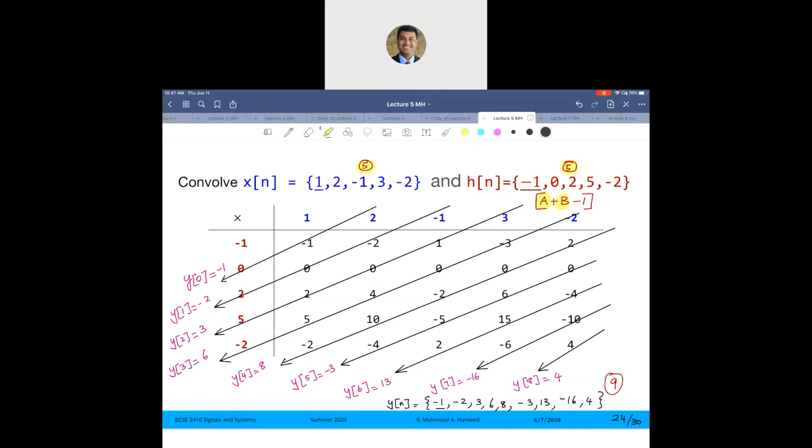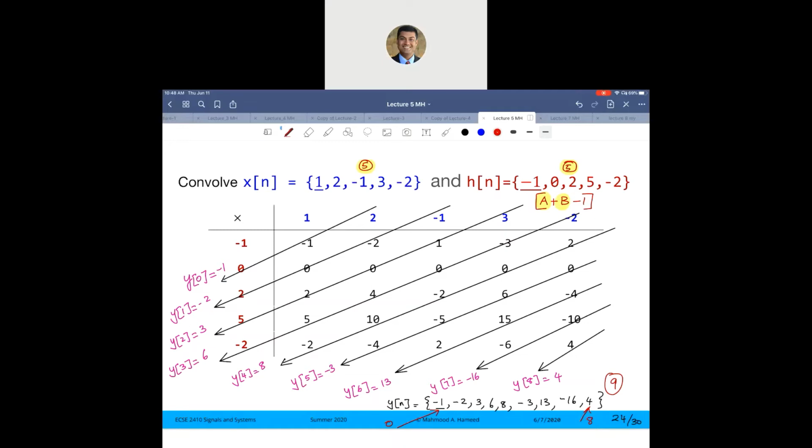The second thing I want you to note is at what values of n does the output start and stop. So over here, this guy is at n is 0, and it stops when it is what? 0, 1, 2, 3, 4, 5, 6, 7, 8, n is 8, right?